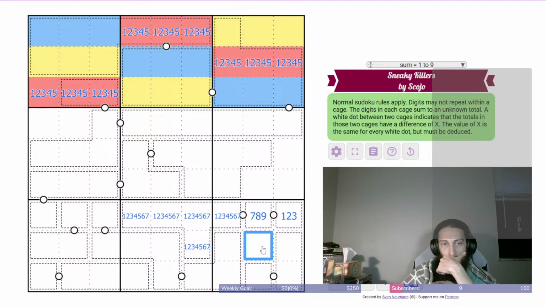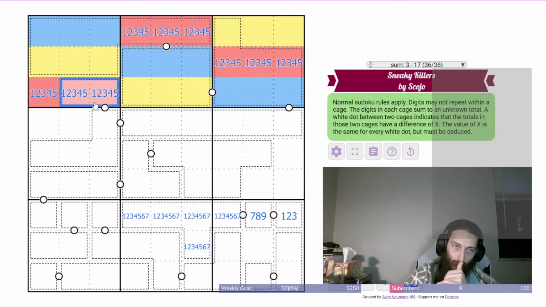The red has to sum to 7, 8, or 9? No, 6, 7, 8. 6, okay. Which means this cannot be 1, 2. Because 3 plus 6 is less than 10.